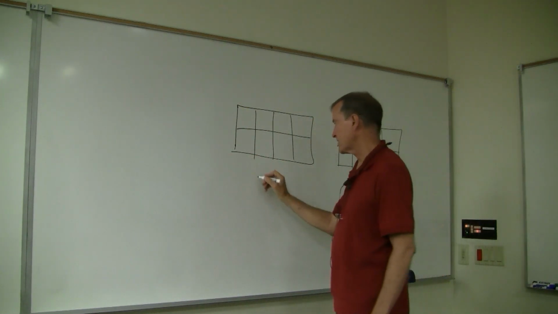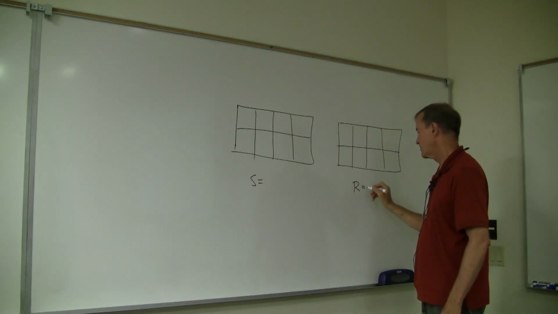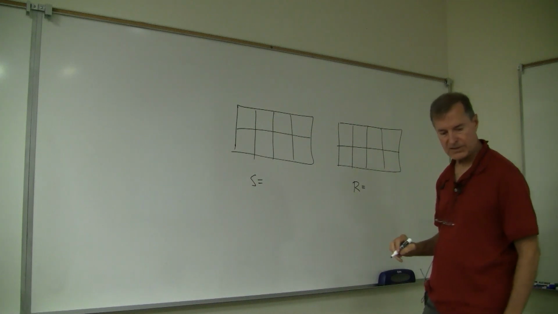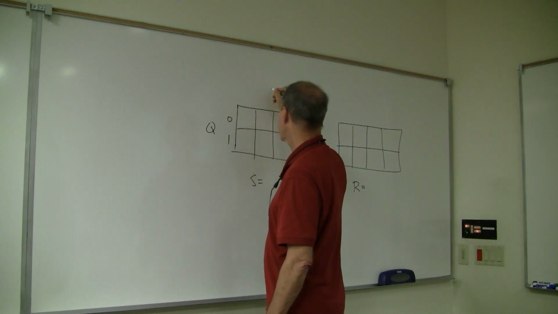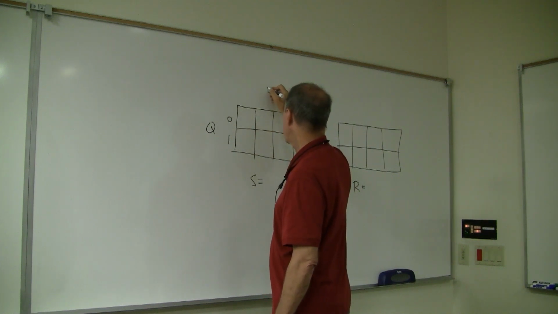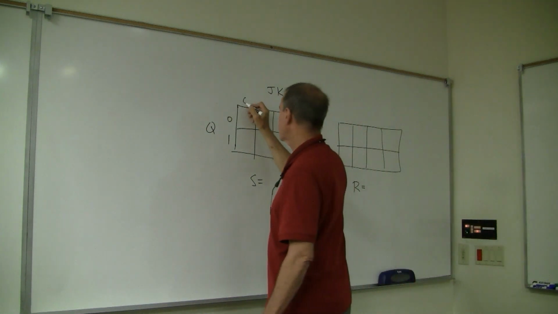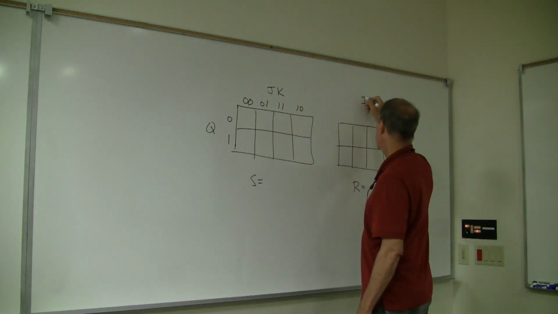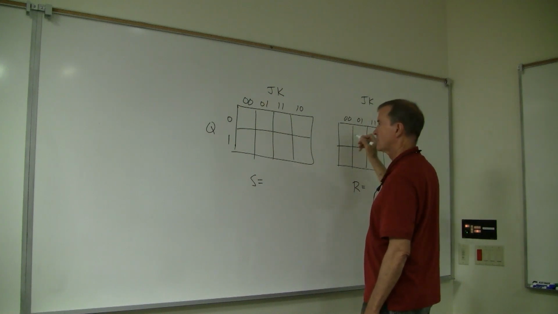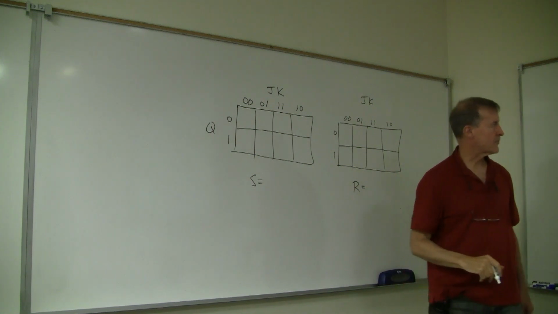So this one is S equals, and this one is R equals. This is going to be Q, 0, 1, and this is going to be JK, 0, 0, 0, 1, 1, 1, 1, 0.